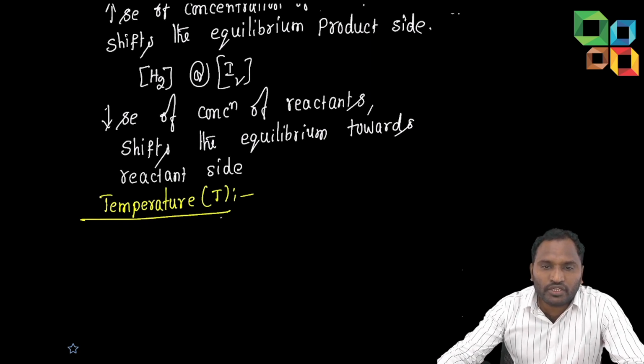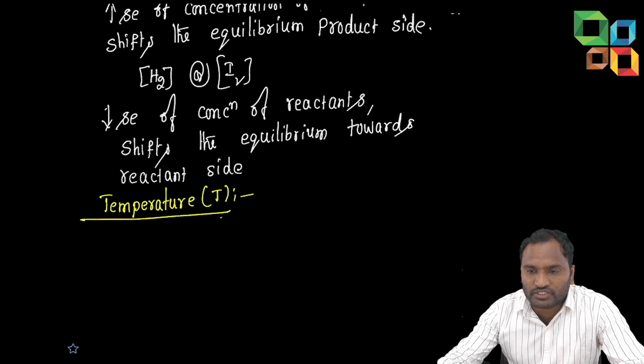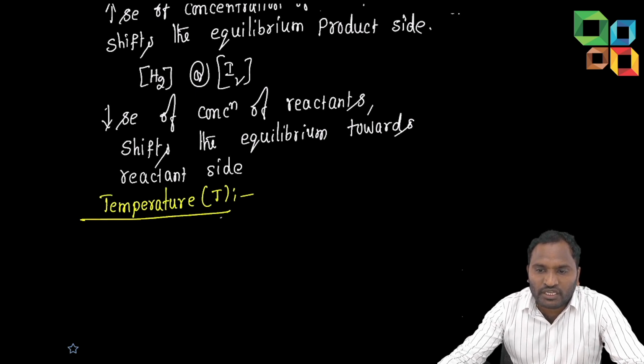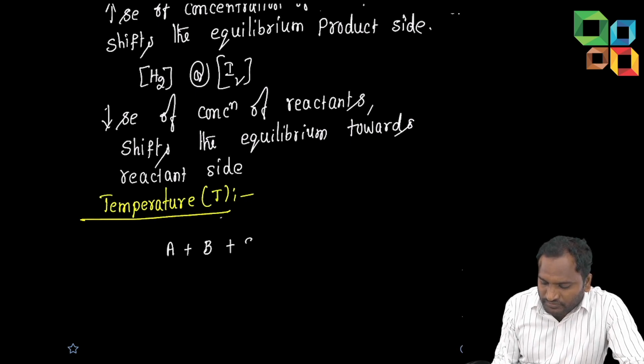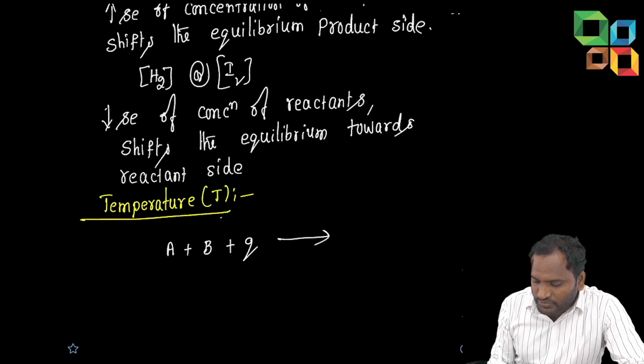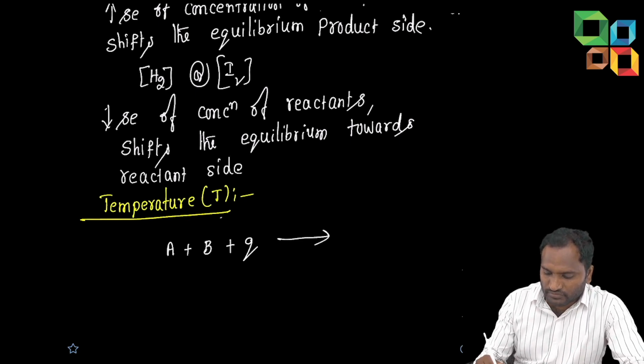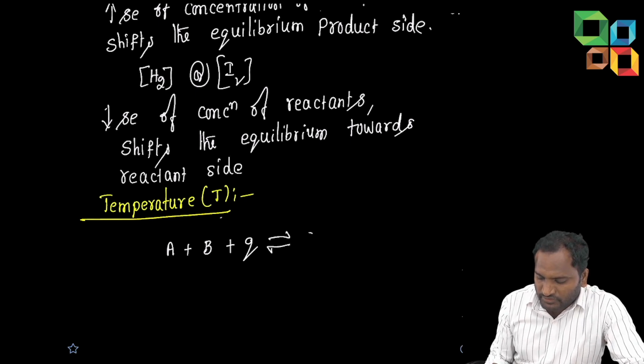One is endothermic reaction, another one is exothermic reaction. In an endothermic reaction, what happens, students? Reactants absorb energy. After absorbing energy, the reaction will proceed.